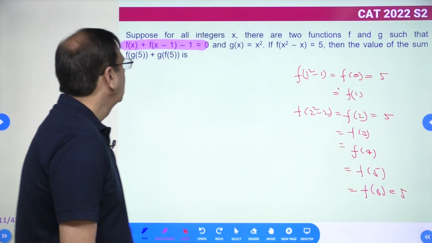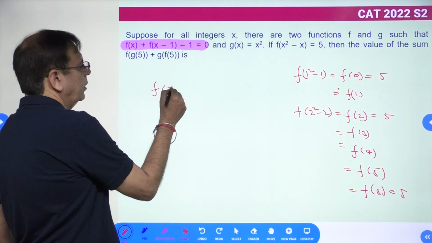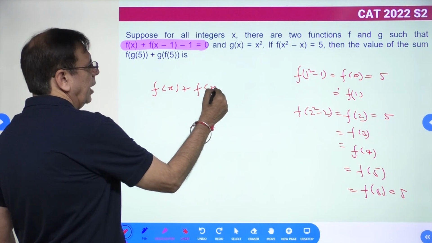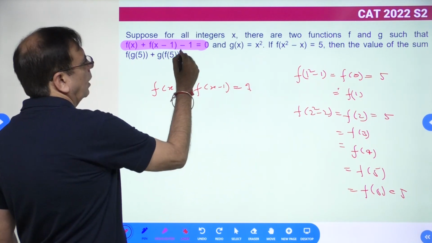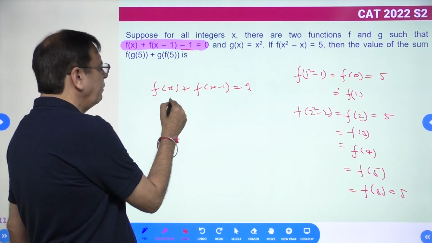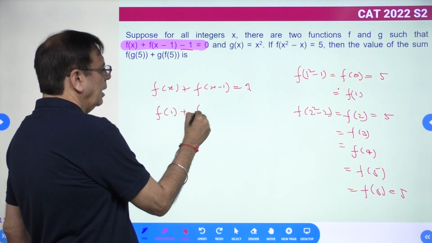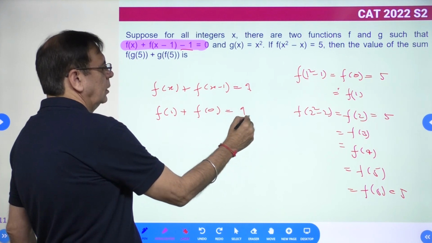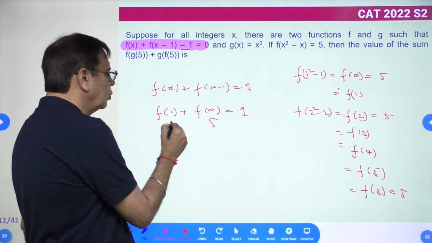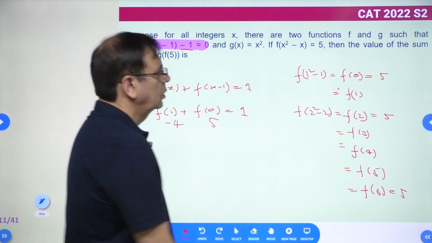Now look at this. f of x plus f of x minus 1 is equal to 0. So f1 plus f0 is equal to 0. f0 is 5, so f1 should be minus 5.